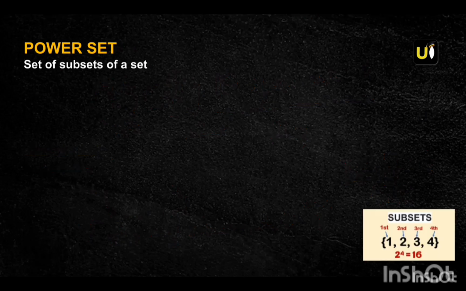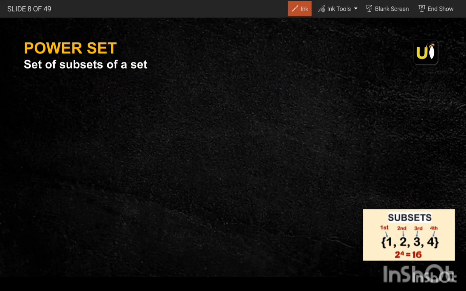Next, power set. Power set is defined as the set of subsets of a set. For example, we are given a set {1, 2, 3}. Now, what is a power set? It is the collection of subsets of this set.